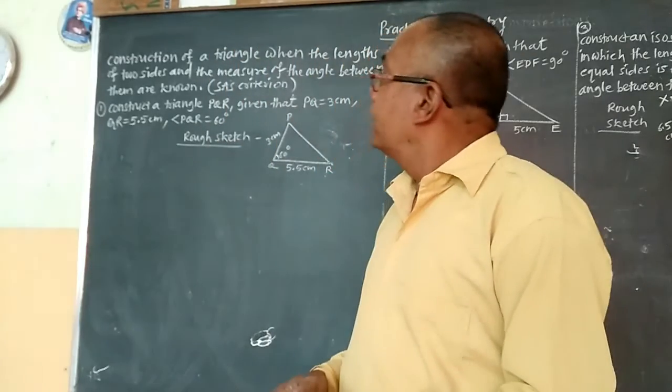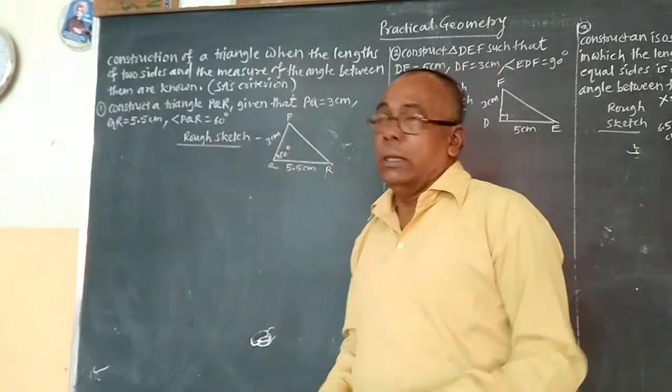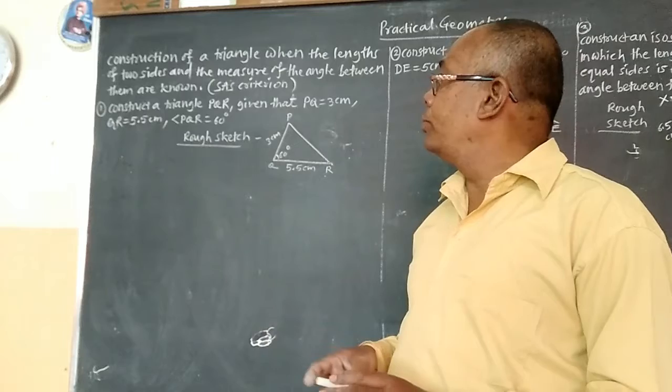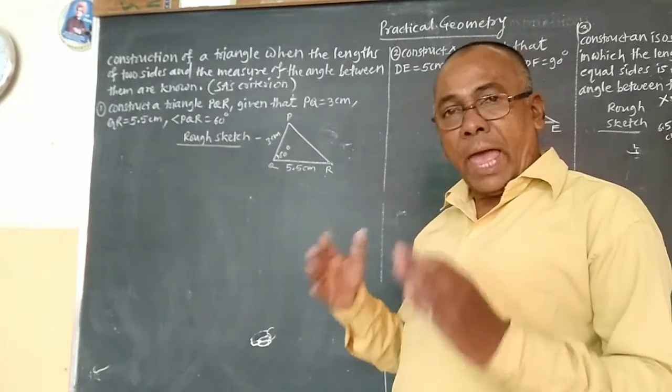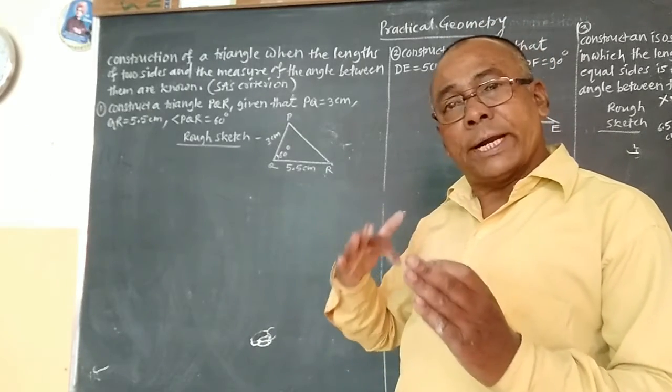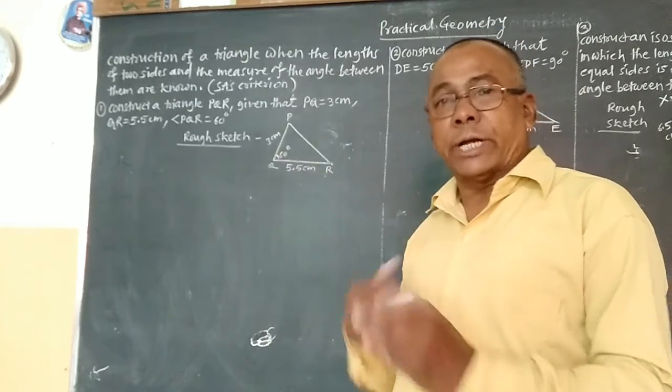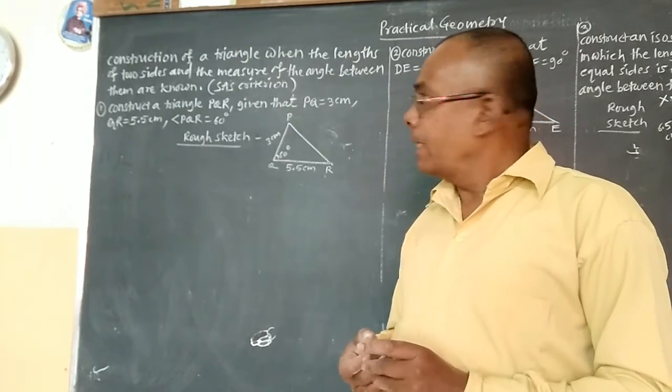Today we have to construct the triangle when the lengths of two sides and their included angle, or the measure of the angle included by these two sides, are given.